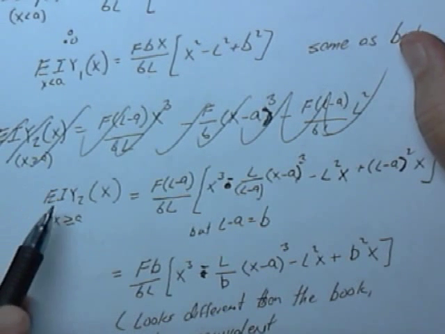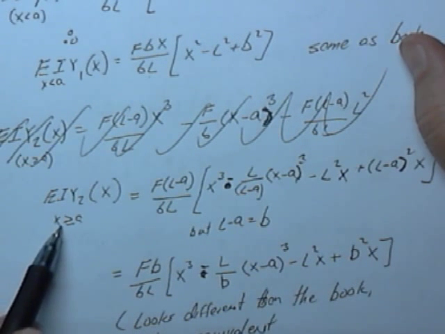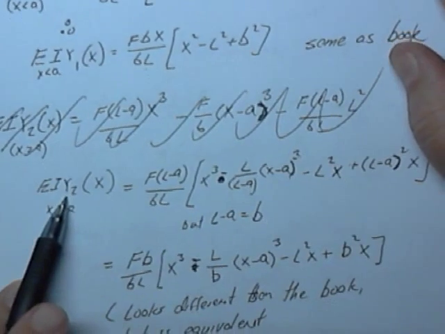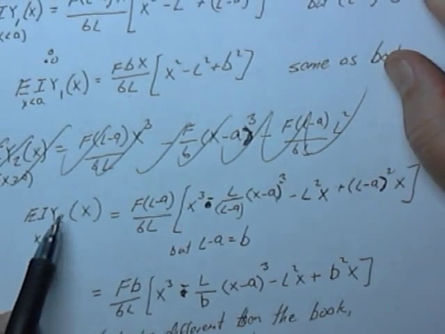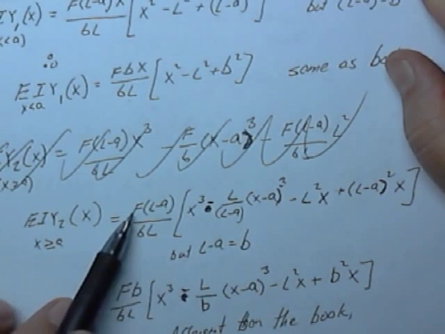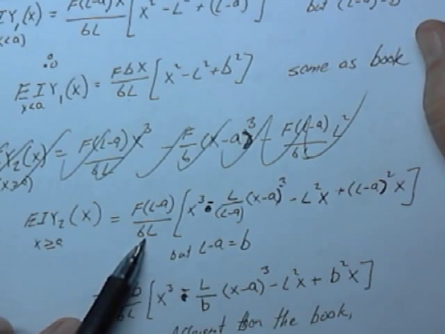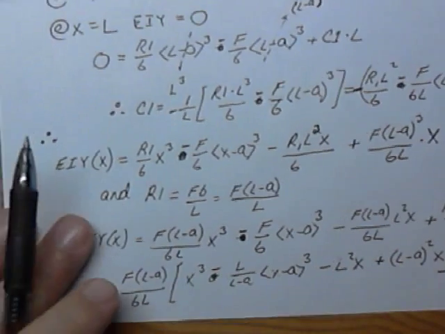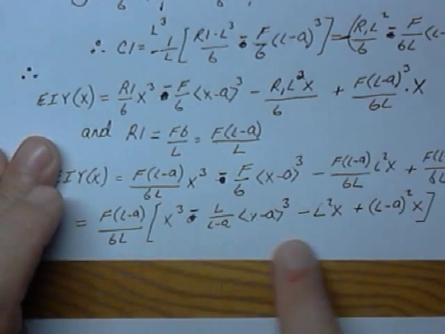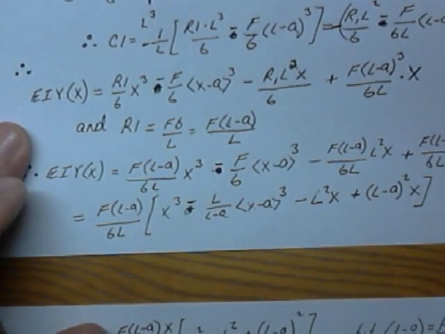And so my EIY2, when x is greater than a, that's why I call it equation number 2, is my original equation, F times L minus a over 6L, and everything that I had in this equation here is simply copied down.